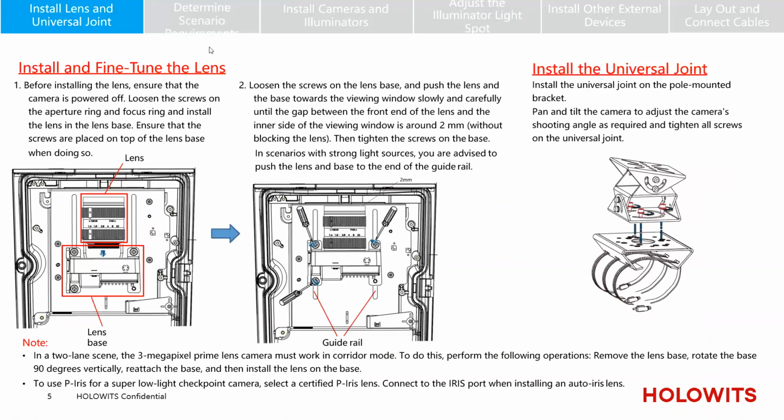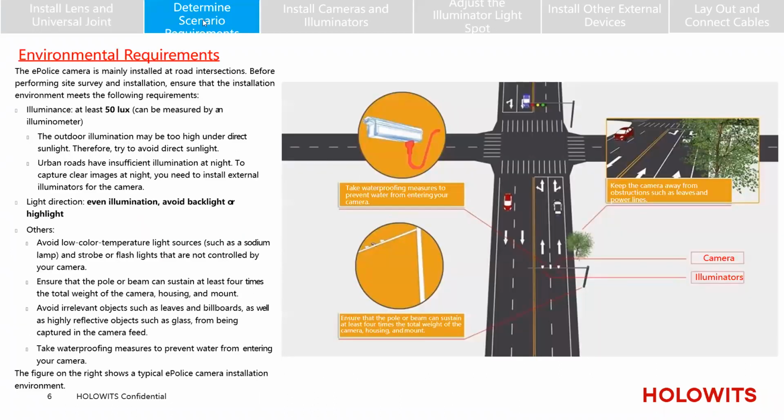So this is how you can install the lens and the universal joint. Just have a quick look at this. It's not very complex, and if you're familiar with it, I think it's very simple for you. This is determining the scenario requirement, like which algorithm, which functions you want to use on this crossroad.